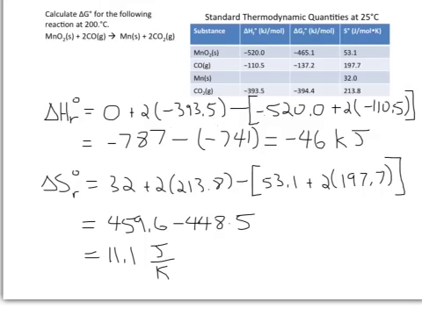So now that I have the enthalpy of reaction and I have the entropy of reaction, I can calculate the free energy, and we'll do that on the next slide.